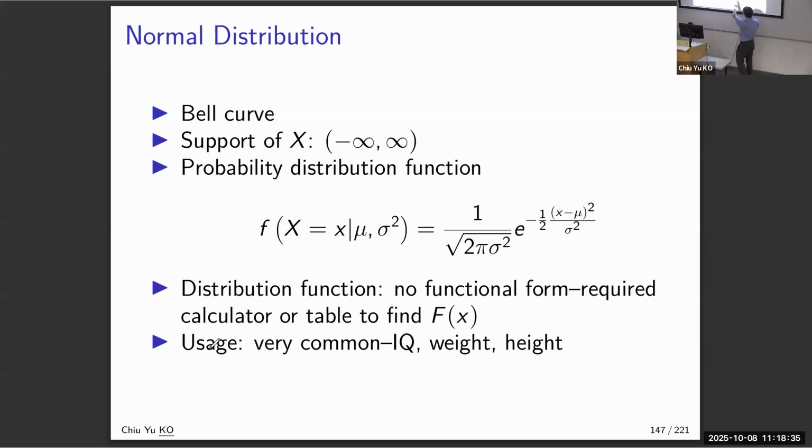I will try to convince you why the bell curve is useful, because it's so common. Later you will see why it's so common: everything naturally occurring actually follows the normal. You will see IQ, weight, height.